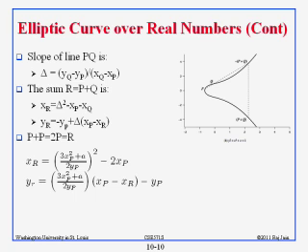So find the slope, then you can calculate xr equal to delta squared minus xp minus xq, yr equal to minus yp plus delta times (xp minus xr). And if you want to do 2P, then you use the corresponding formula for xr. Now all of this can be calculated by normal geometry.